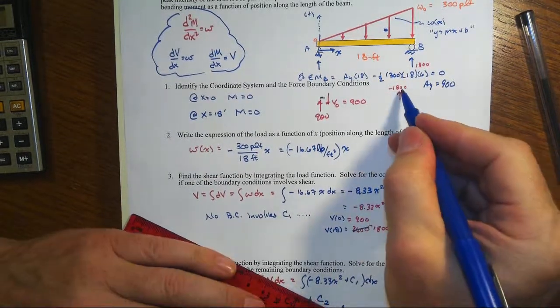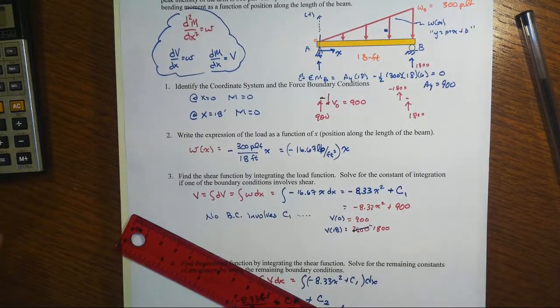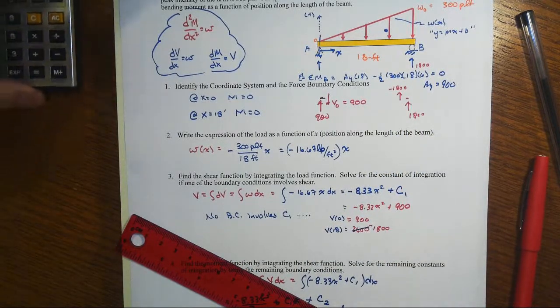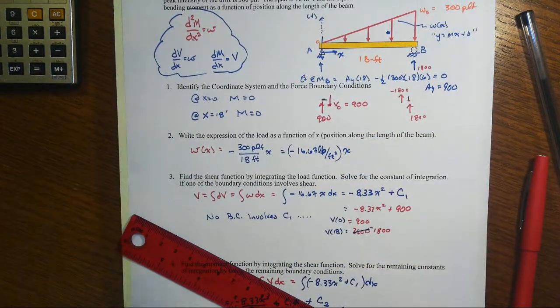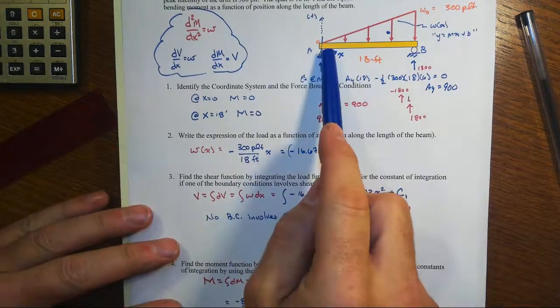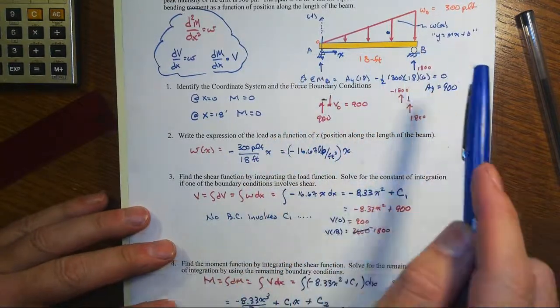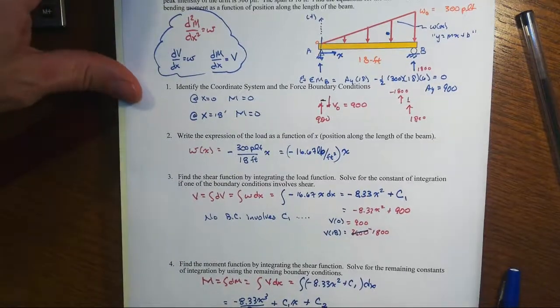And so minus 1800 goes the other way, sum of forces in the y, bam, that's going to also work out right. This little distributed load goes away right as we get right to the end, infinitesimally close to the end on that. So, wow, the shear at the ends actually are right there associated with the reactions. Won't always be the case, because if there's an overhang and load out in the overhang, that will change things a little bit. Right? So what's our answer here?